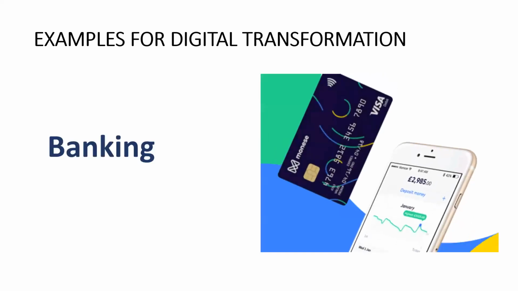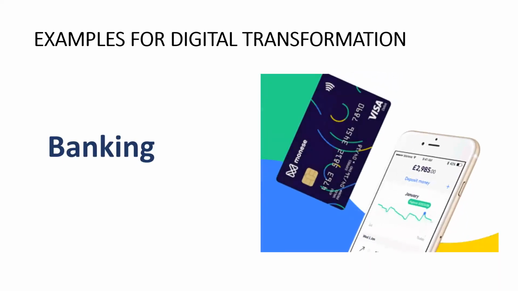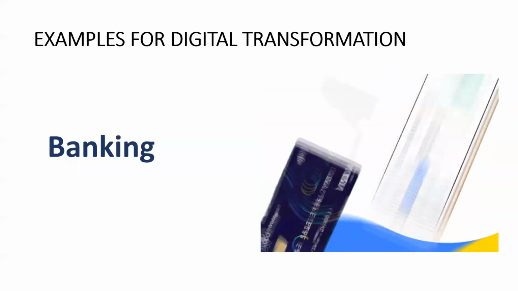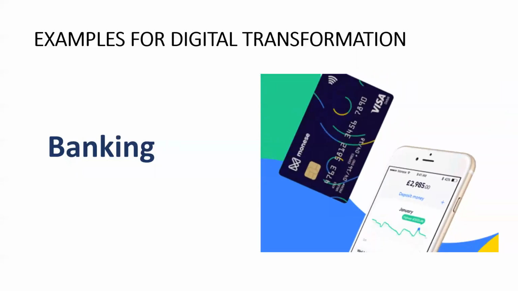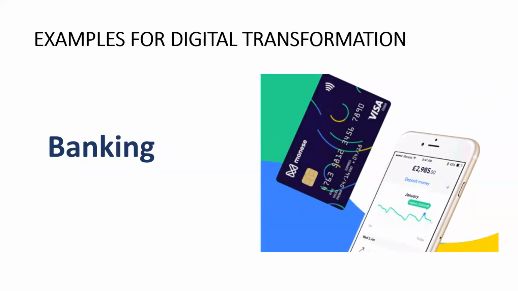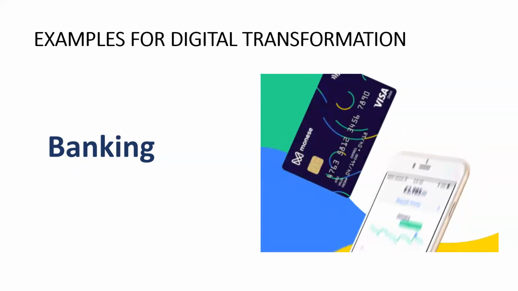Example for digital transformation: banking. You have experience with this. You have mobile banking, and you go to an ATM machine and get money from that ATM machine. That is digitalization related to the banking industry. You experience that in your day-to-day life.